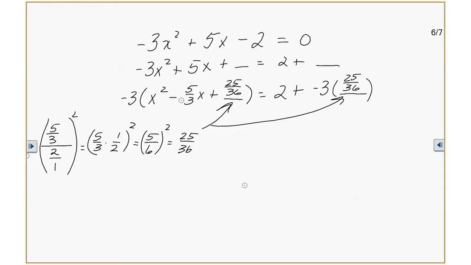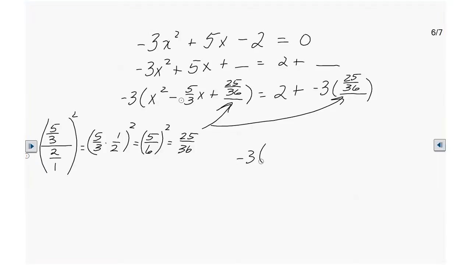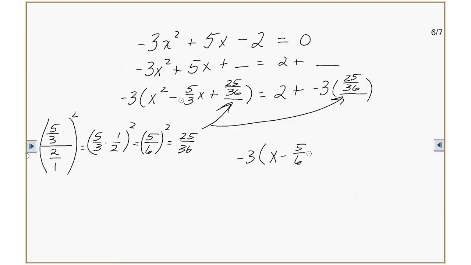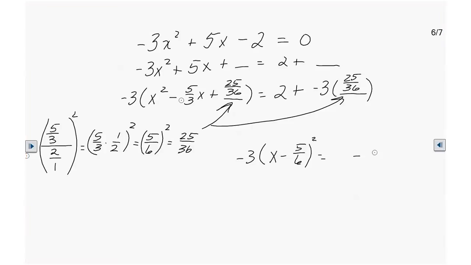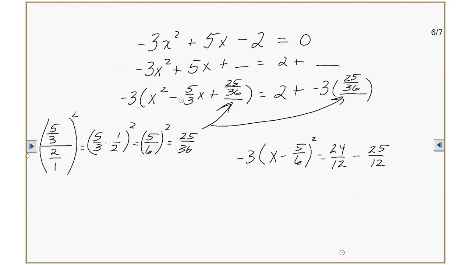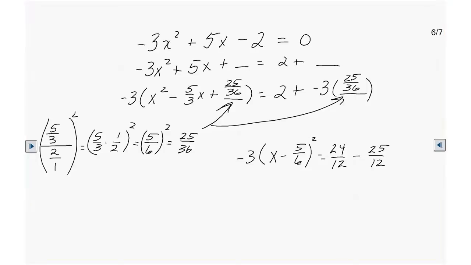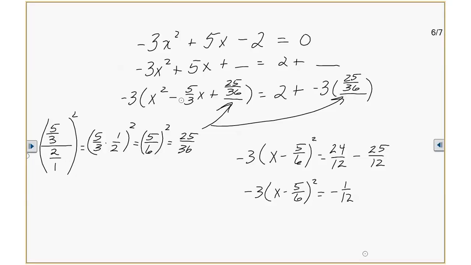So 25 over 36. That's what I got. Y'all see if y'all come up with the same thing.